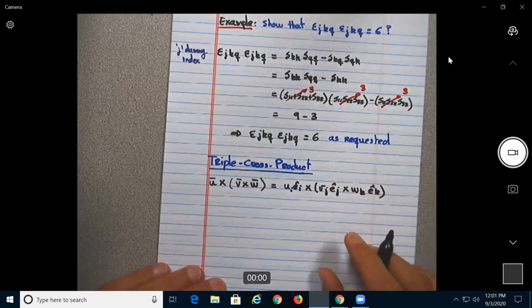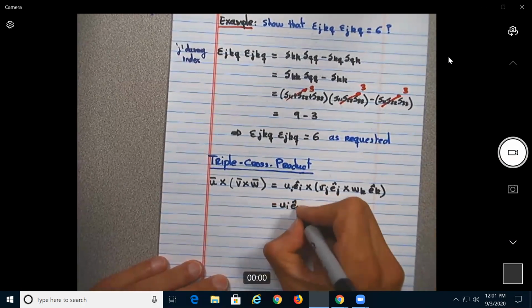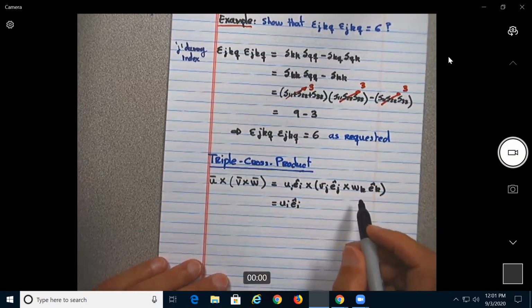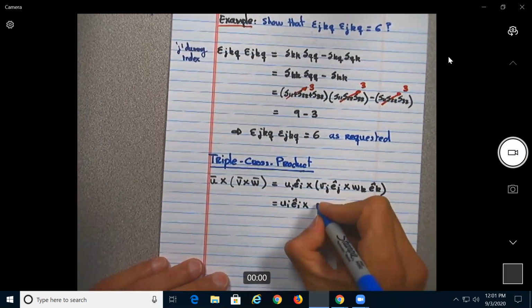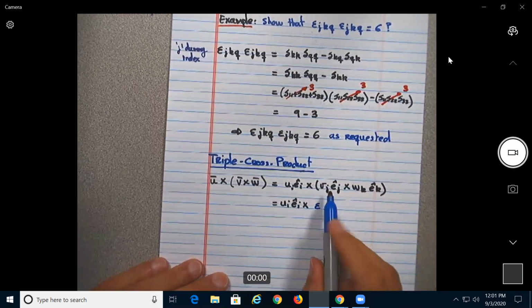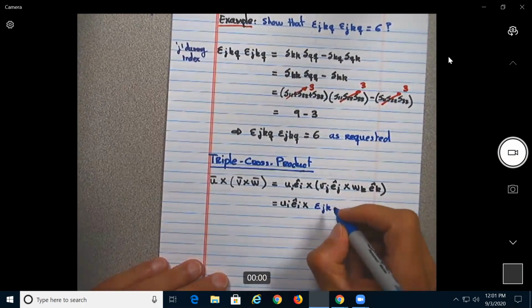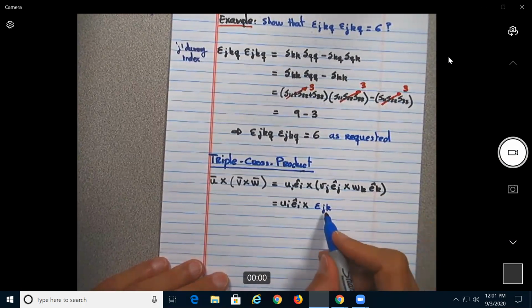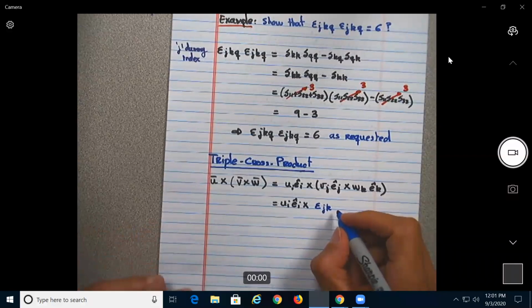All right? So again, this will give us U of I, E of I. We do first this one over here, so it will be cross. This one, what do we need to do? We have indexes J, K, and let's call the new index Q, I have Q on the notes.